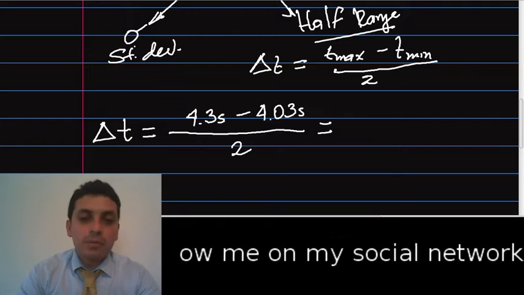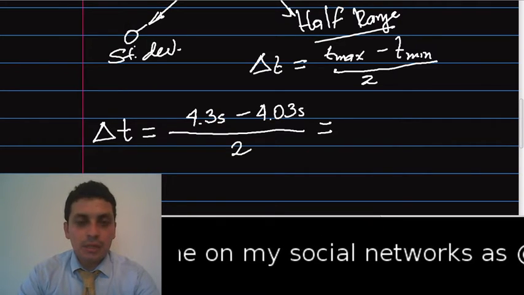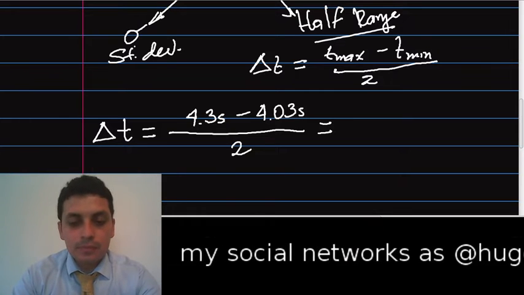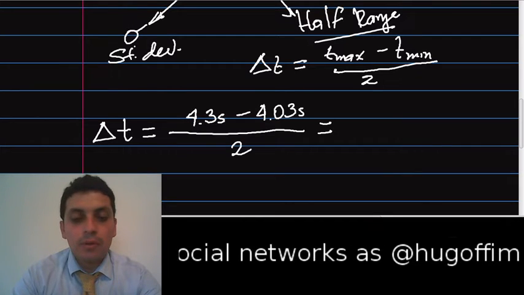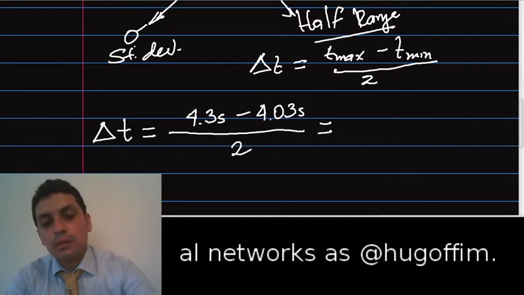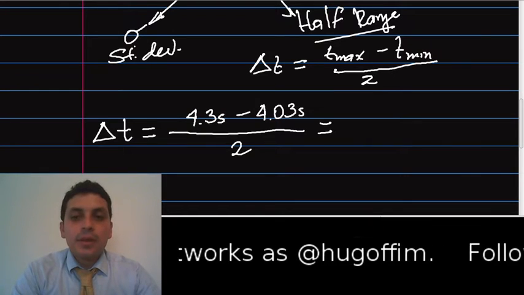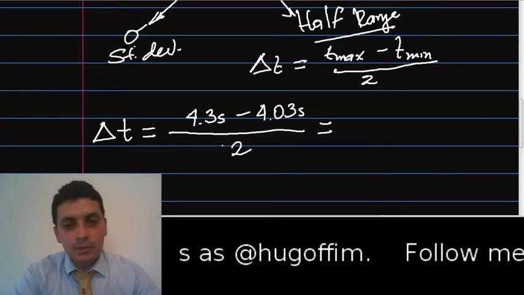If we perform the subtraction and then the division, (4.3 minus 4.03), and then we divide it by 2, we have 0.135. That's what we have as an answer here.